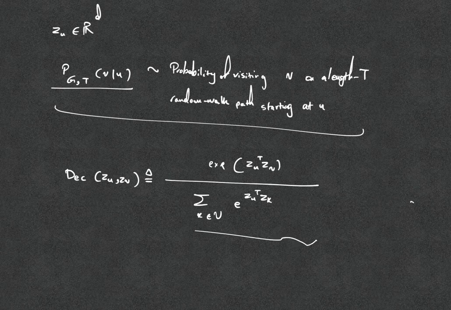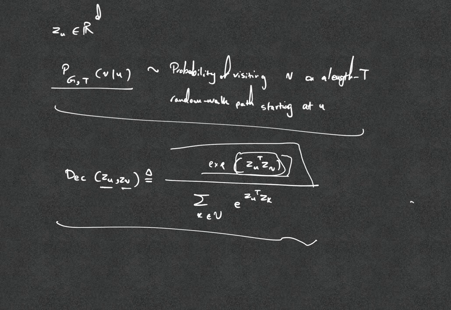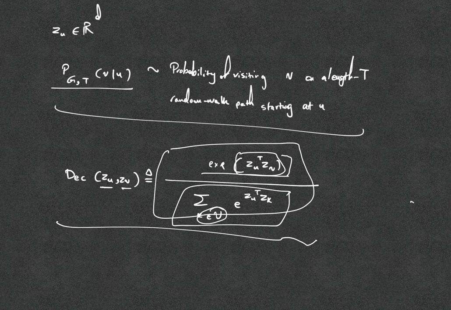So the decoder is going to be defined like this, meaning that for nodes Z_U and Z_V, you have the inner product of Z_U and Z_V here, and then you do some sort of a softmax, meaning that you have the similarity of Z_U with any node K considered in the denominator here, and in the numerator you have the exp of Z_U^T Z_V.